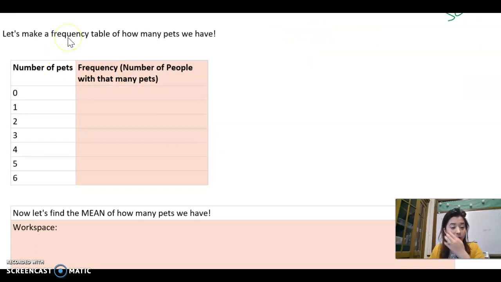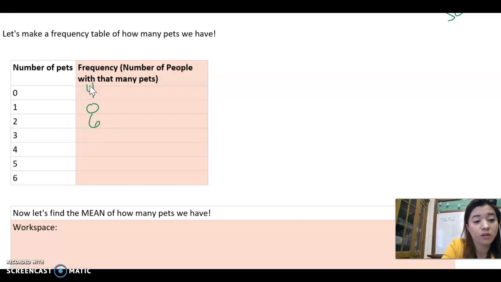So, for example here, let's say how many of us have pets. Obviously, I can't do that right now because there's just you. But let's say there were 4 of us with 0 pets, none with 1, 6 with 2, 3 with 3, 1 with 4, 0 with 5, 0 with 6.